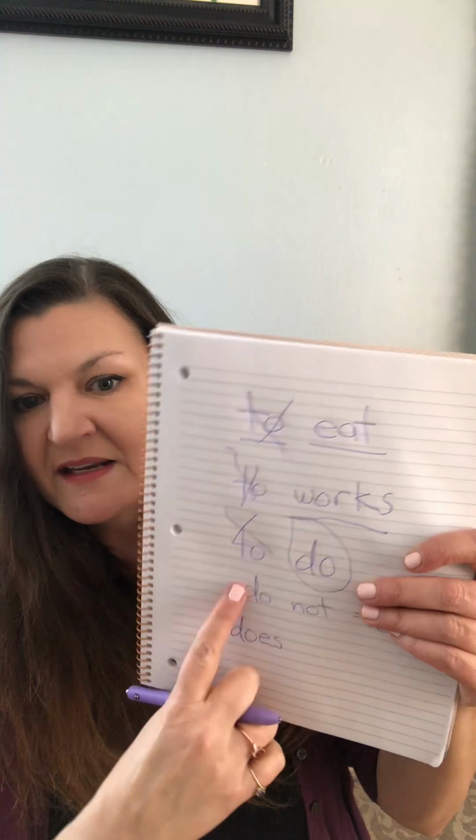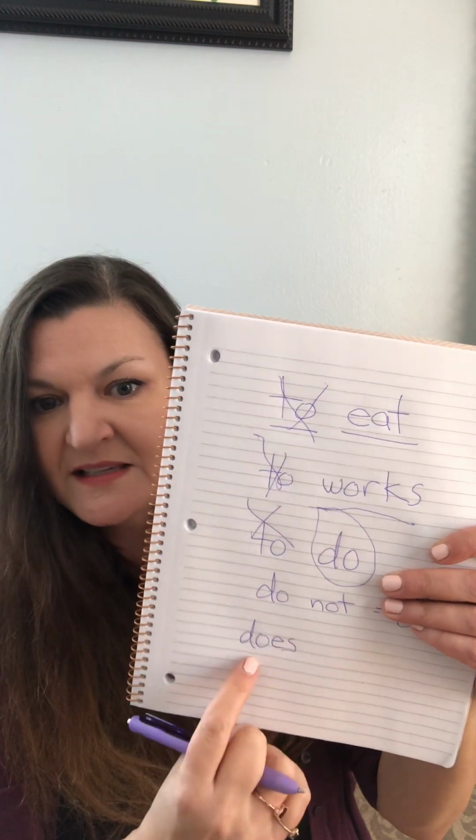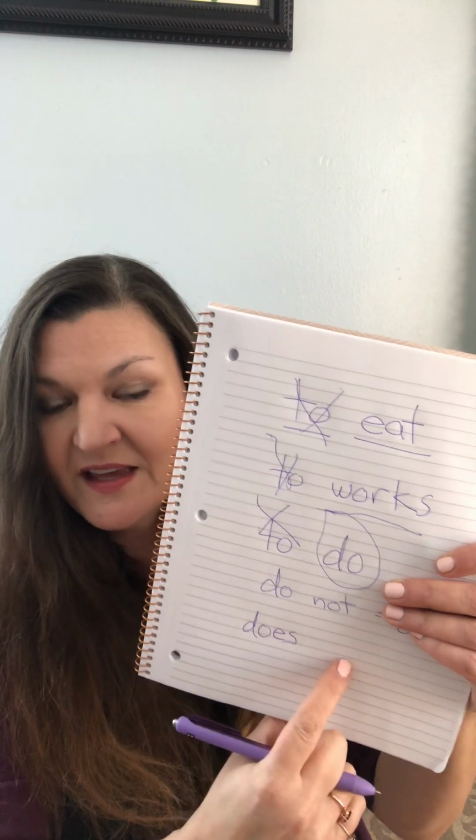If your subjects are he, she, or it, or words and phrases that can replace those pronouns, you add the ES to the word do. So I'm adding an ES to the word do, and again with the word not. A shortened version, a contracted version of this is doesn't.